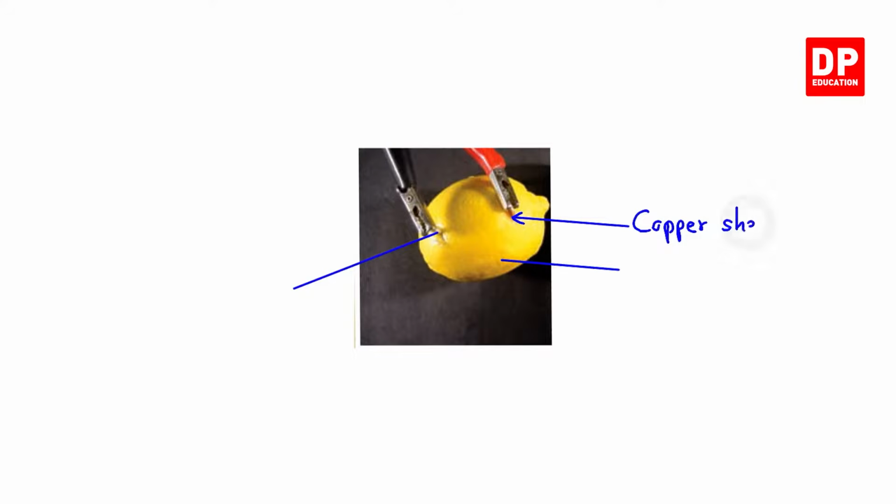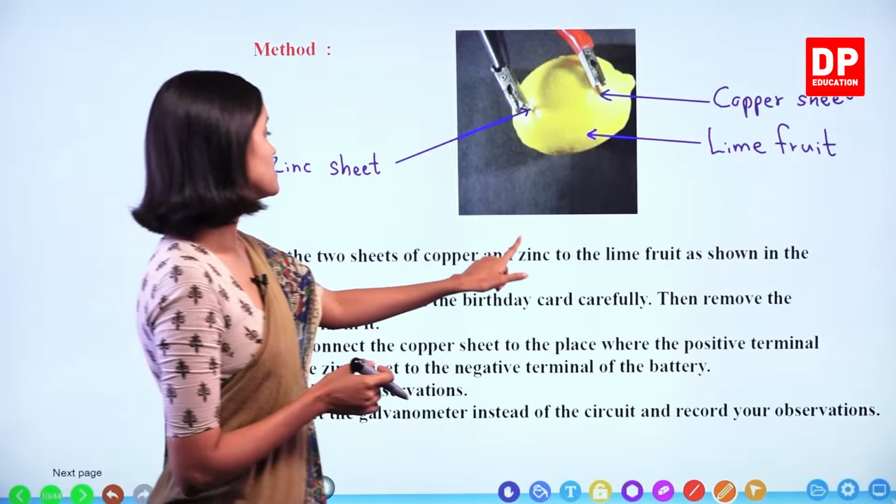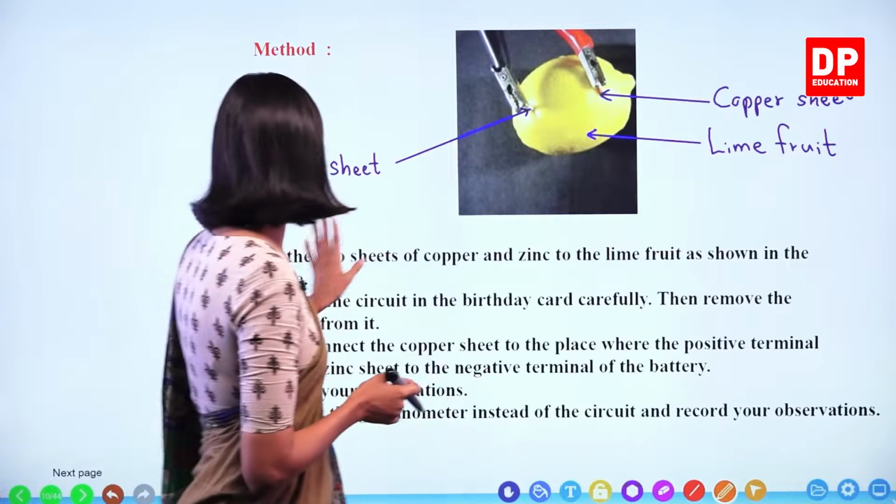Copper sheet, lime fruit, zinc sheet. So, fix the two sheets of copper and zinc to the lime fruit as shown in the figure.